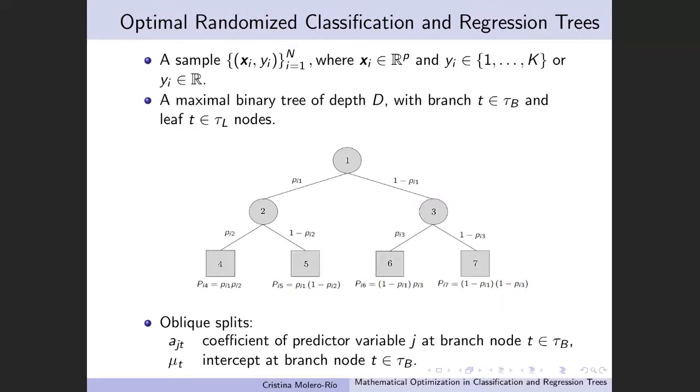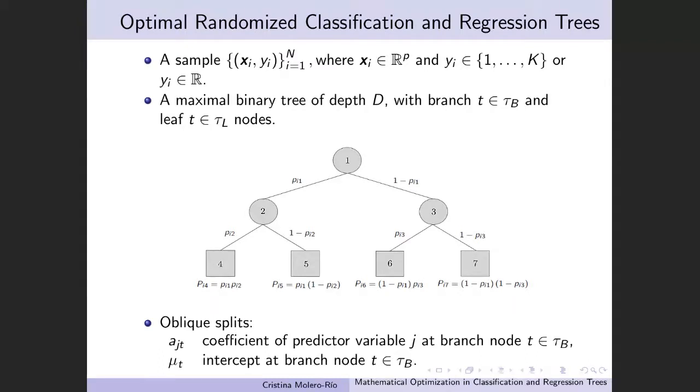So in the end, we will have in each leaf node not a subset of individuals as cards, but all the individuals with a certain probability. And then the prediction made at each leaf node will be found by optimizing the two criteria that we have previously defined. In our model, we allow for oblique splits.